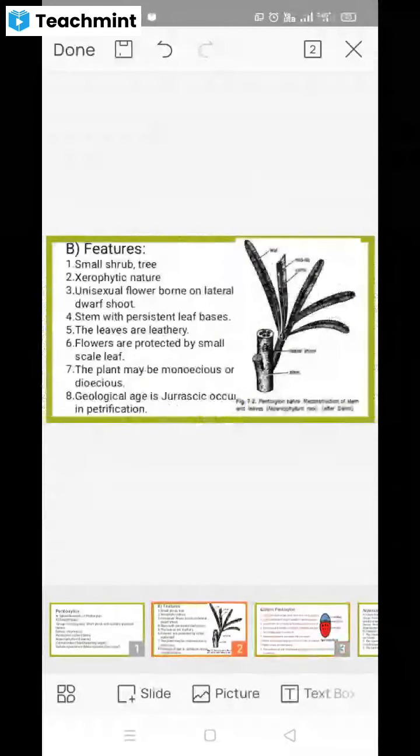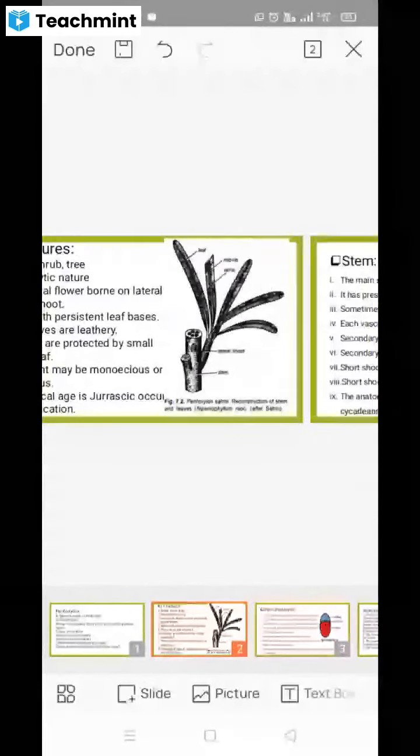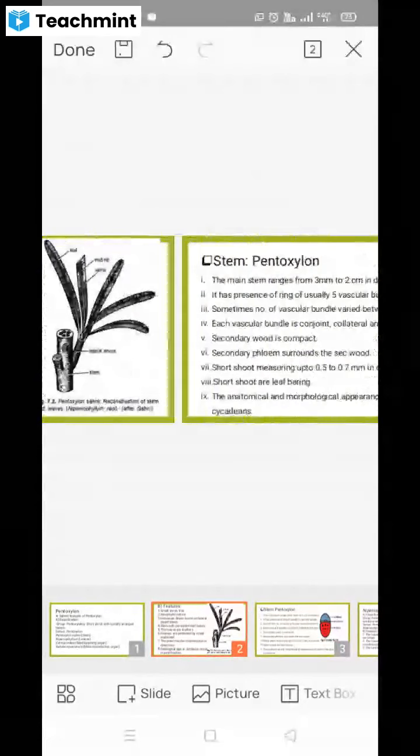So here in the first figure you have to see at the top of the stem there are 5 dark spots. These dark spots are nothing but the 5 rings of the vascular bundles. Sometimes these vascular bundles may vary, and they are 4.